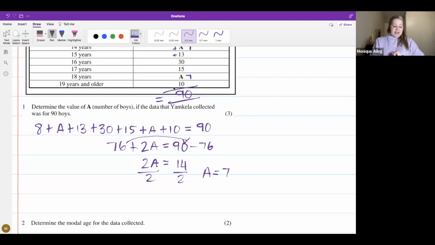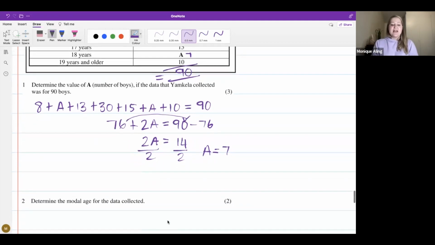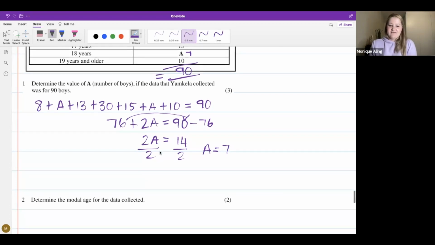Okay, then question 2. Determine the modal age for the data collected. Okay, so Bira, I'm going to go back to question 1 at the end. Question 2, determine the modal age. What do they mean by modal age?